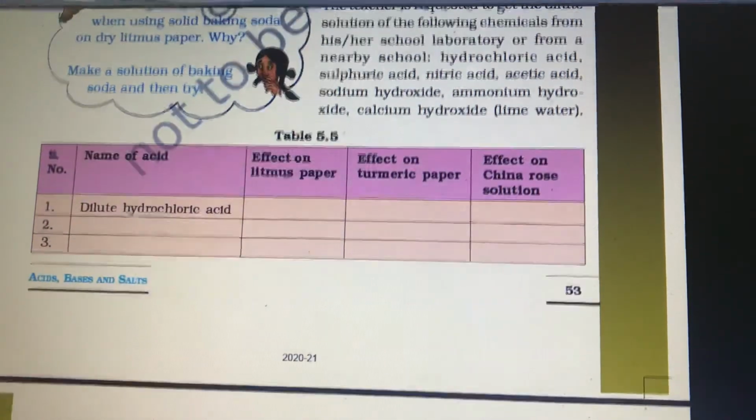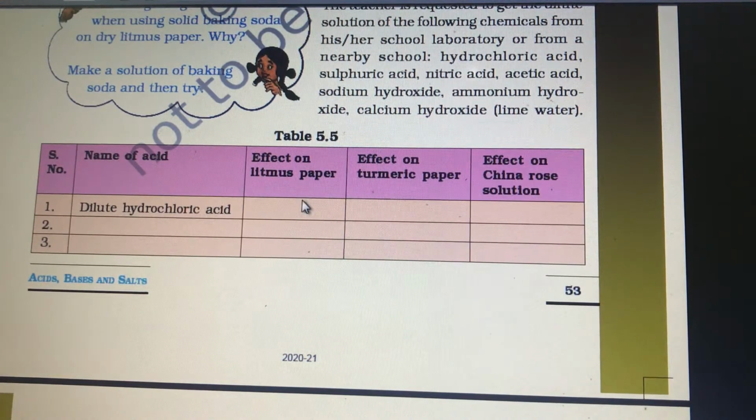Acids will change blue litmus into red, and turmeric no change, and China rose they will give dark magenta color. Whereas bases will change red litmus into blue, and turmeric paper they will turn into bright red, brick red, and China rose they will change into green solution.